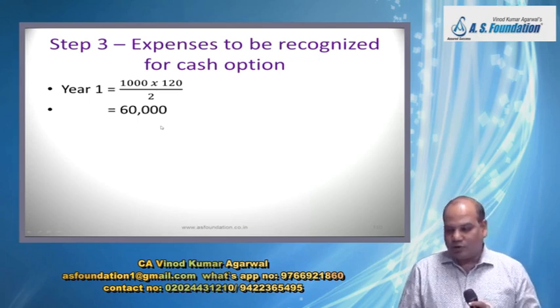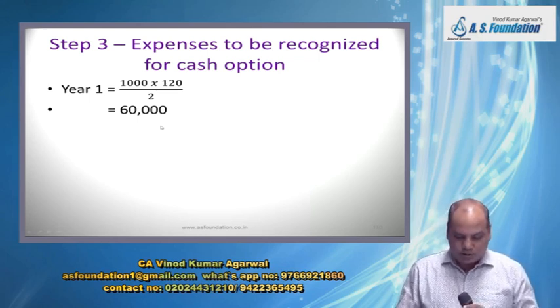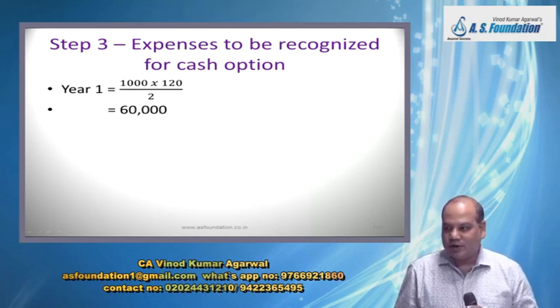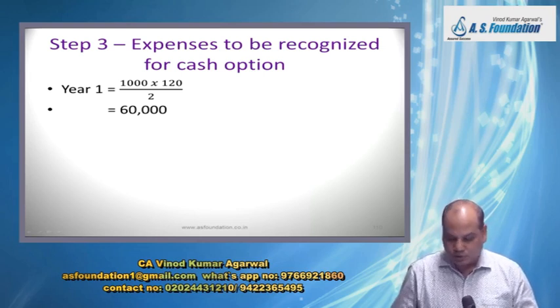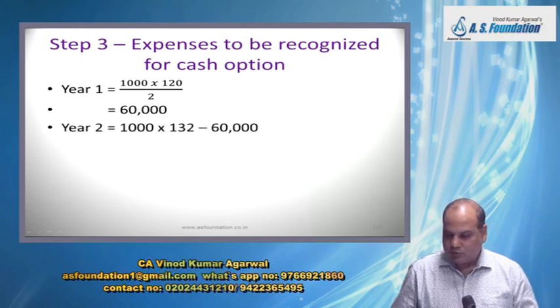Okay, one more chance. What will be the expense to be recognized in the second year? 72,000. First you calculate the cumulative value: 1000 into 132, minus the previous figure of 60,000.